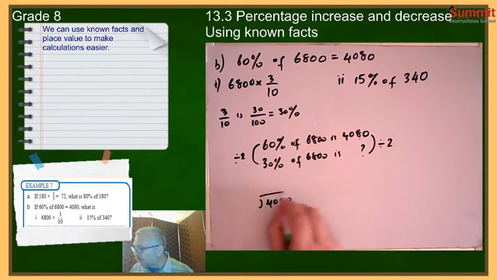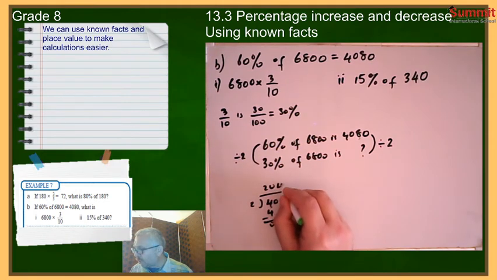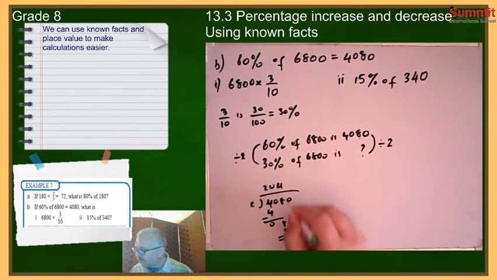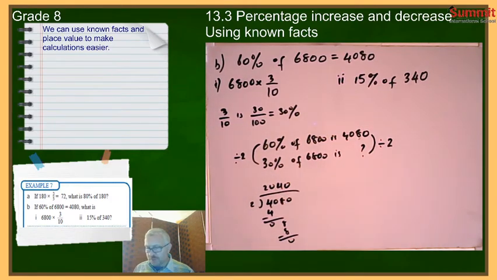4,080 divided by 2 will be 2,040. We can do this division also in our mind.